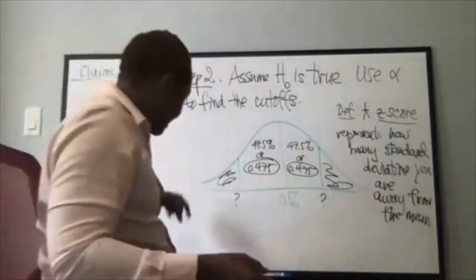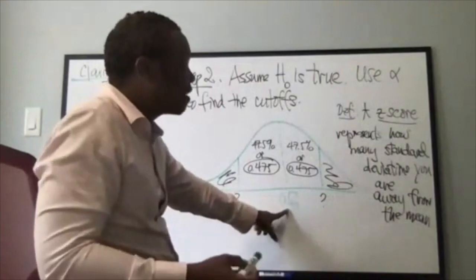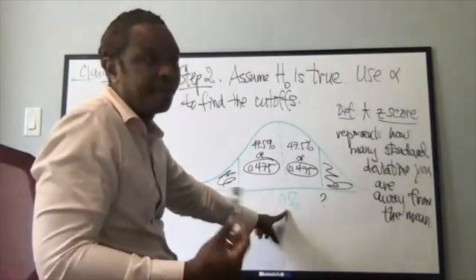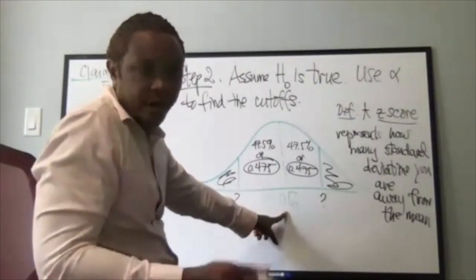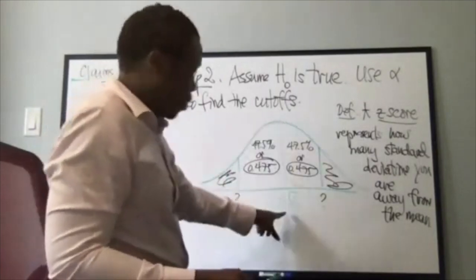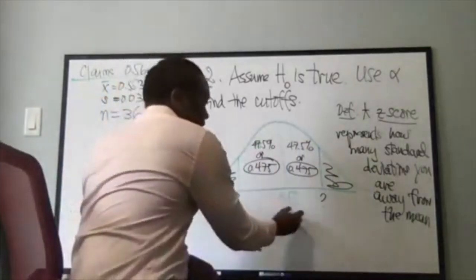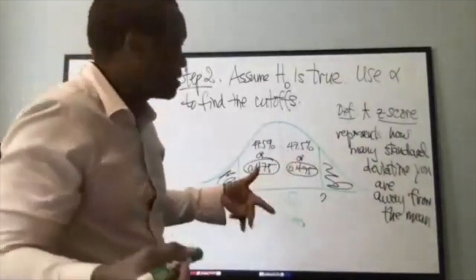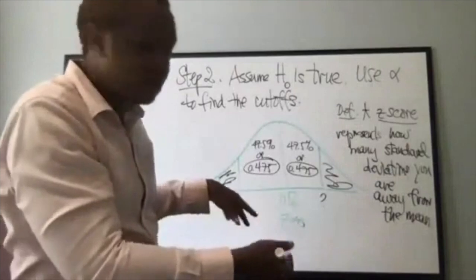So if I look at this mean right here, 0.56, how far is 0.56 away from the mean of 0.56? Nowhere, right? In other words, the Z-score of the mean will always be 0. Because by definition, the Z-score is how far that value is from the mean.